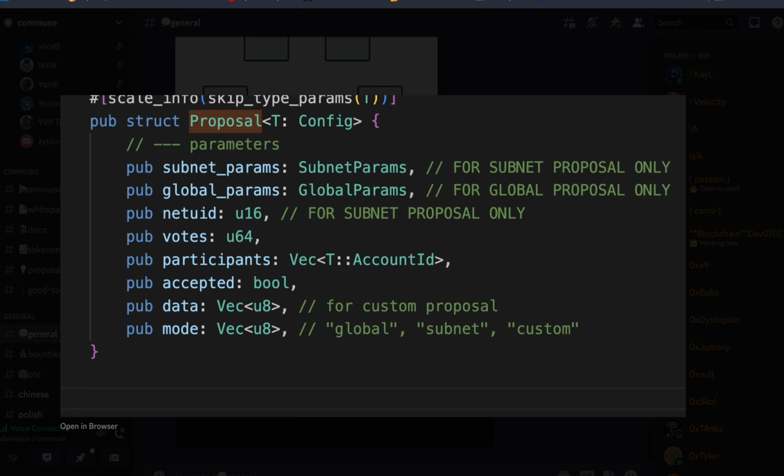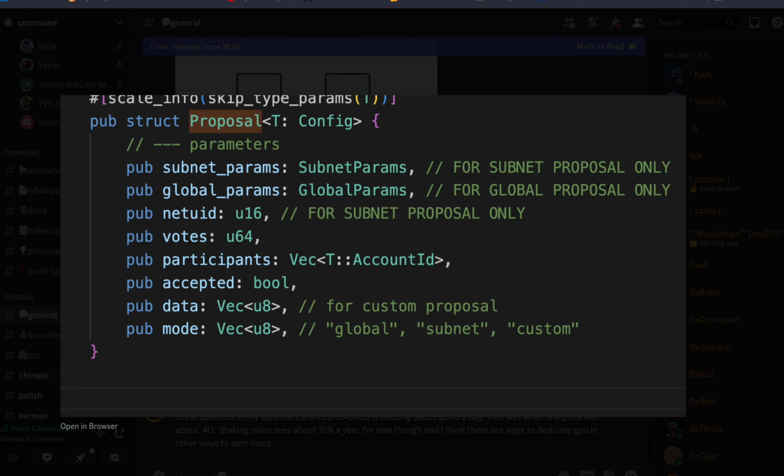To avoid too many proposals at once, we will limit it to the top 100 proposals, and when we reach that limit, if someone wants to make a proposal, it will replace the lowest voted proposal.